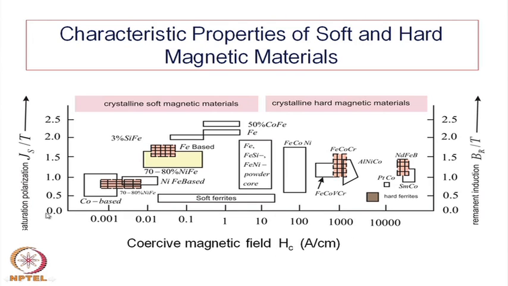And this is a log scale, you can find out this is a log scale, 10 to the minus 3 to 10 to the plus 5. So, the left side is actually what we call soft magnetic materials, whereas on the hard side are materials which can be used for permanent magnets. These are all permanent magnets like iron, copper, nickel, iron, cobalt, nickel here.